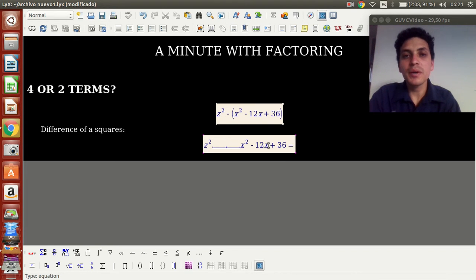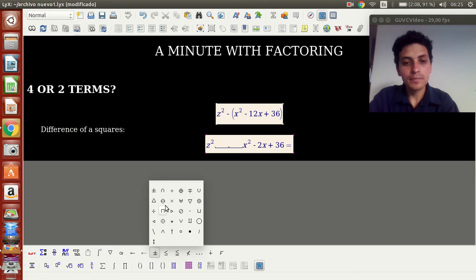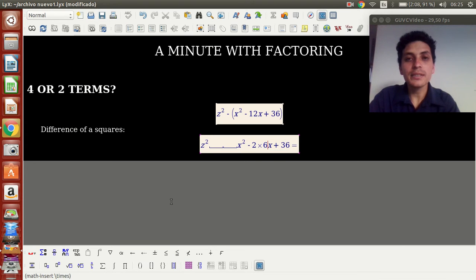Remember the formula of the perfect square trinomial: x squared plus 2xy plus y squared. So x squared, yes. Now here we have to write this term in the form 2xy, I mean 2 times the rest. 12 is just 2 times 6, so 2 times 6x, and that means that 6 is y, so y to the second power. 6 to the second power is 36. So yes, actually it's a perfect square trinomial.